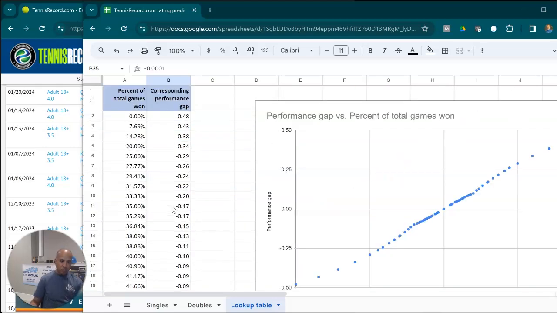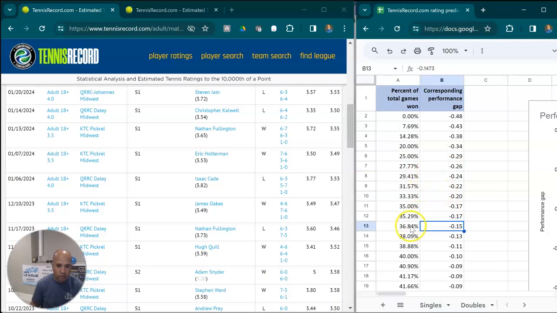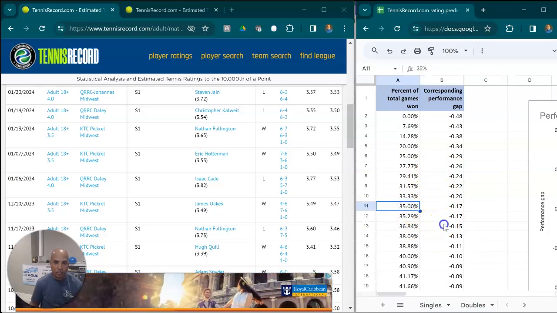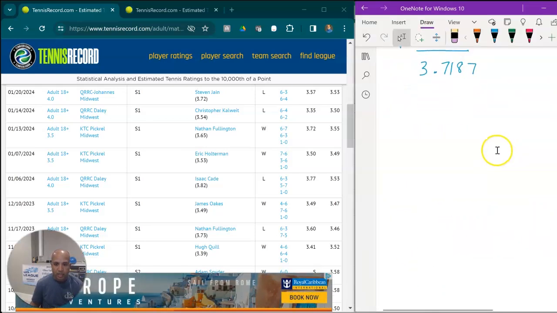Okay. So now on to the next thing, which is, are there known exceptions to this rule of using this lookup table to map from the percent of games won to the performance gap? And of course the answer is yes.